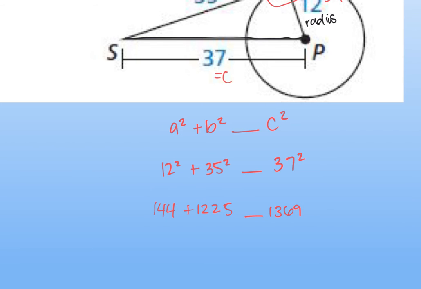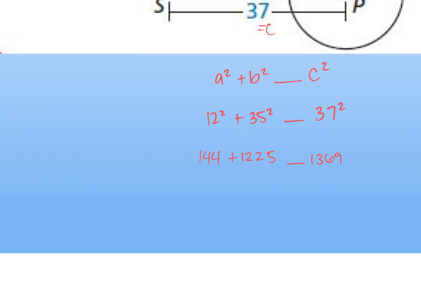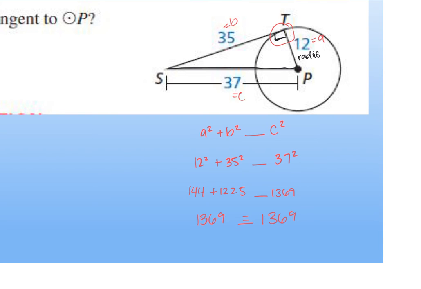Do they give you the same thing? They should. I think. Yes? Yeah. So if they're equal, what does that mean about our triangle? It's a right triangle. So therefore, the angle that's created at point T is how many degrees? 90 degrees.